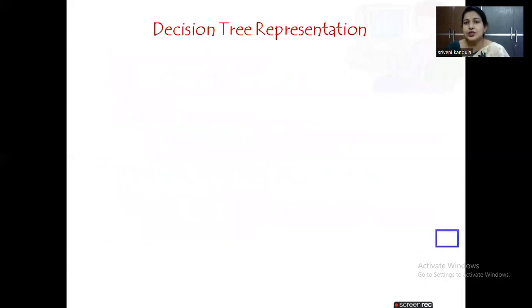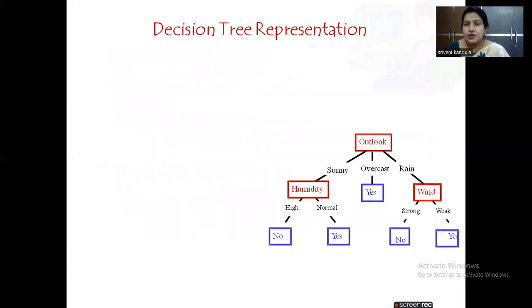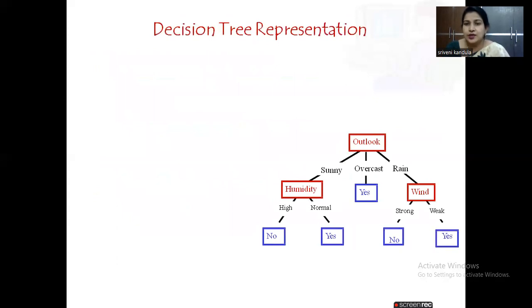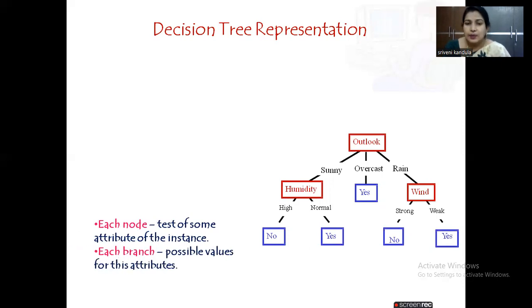Let's see the decision tree representation. Let us see one example. Here you can see a tree structure. You are very familiar with the tree structure, right? And here you can see the nodes. The nodes are represented as rectangles or squares. Each node indicates a test of some attribute of the instance, and each branch is a possible value for this particular attribute.